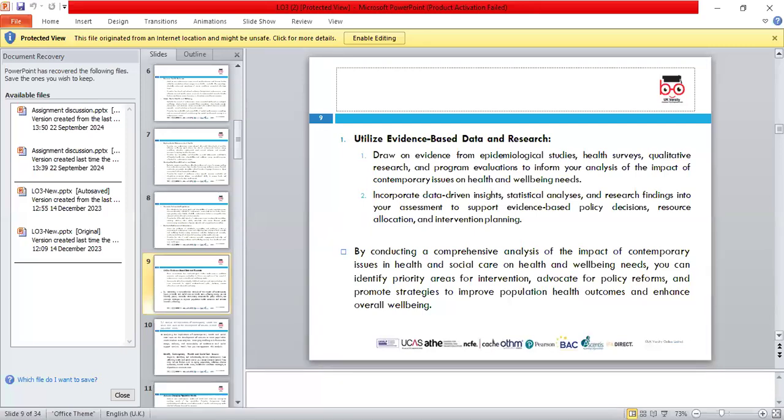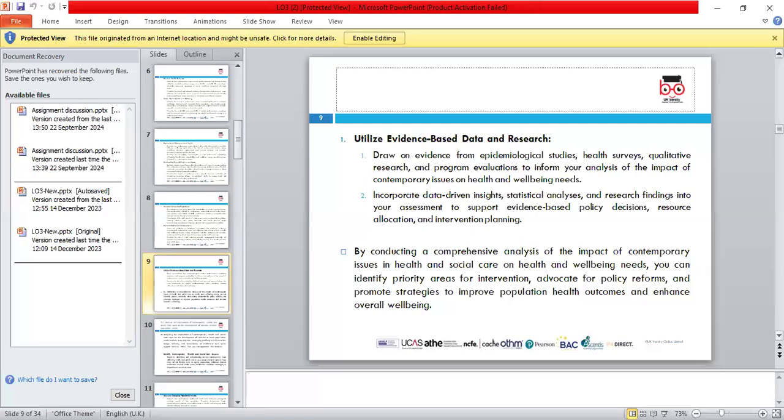What you look at is when you have brought out your evidence from what you have analyzed and explored, you need to use that evidence and incorporate it into data-driven insights, where your research findings are put into assessment and support evidence-based policy decisions, resource allocation, and intervention planning.